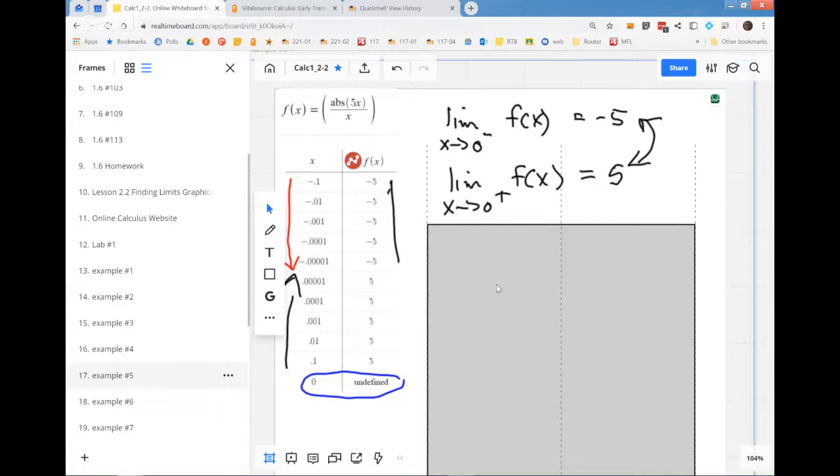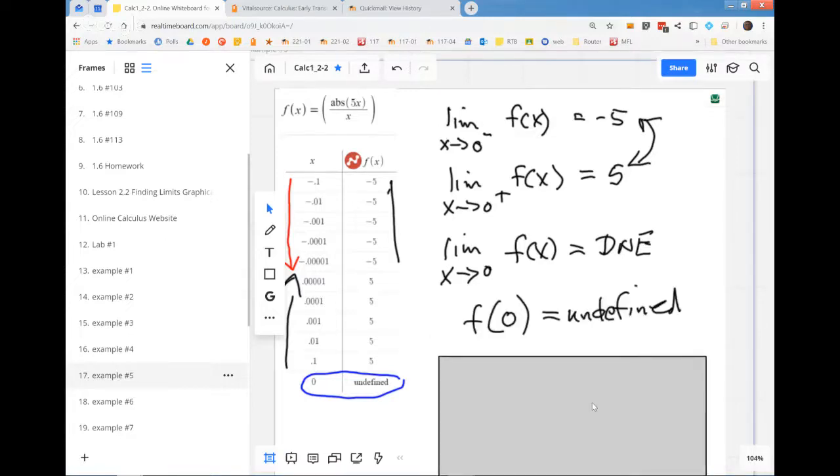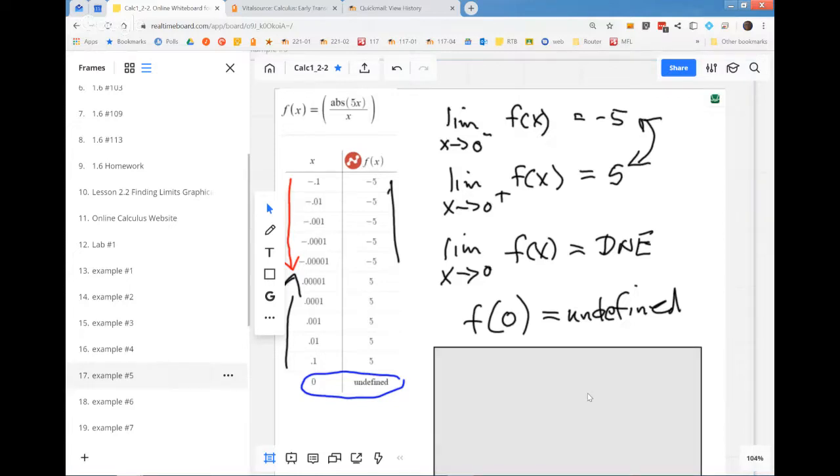The right-hand limit is +5. Notice those two do not agree. And so we say the overall limit of the function as x approaches 0 does not exist. And we use this abbreviation DNE. So when the left and the right-hand limits don't agree, you don't have a limit overall. It does not exist. And of course, you can't plug in 0.